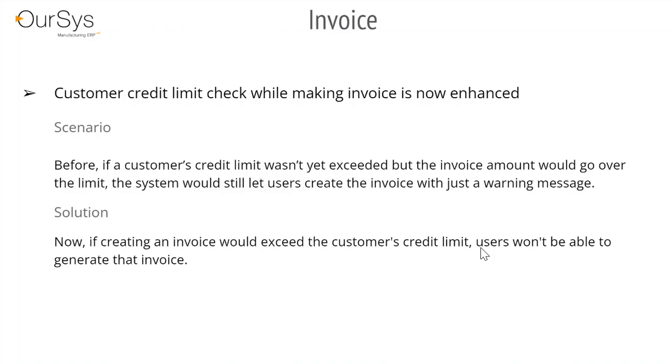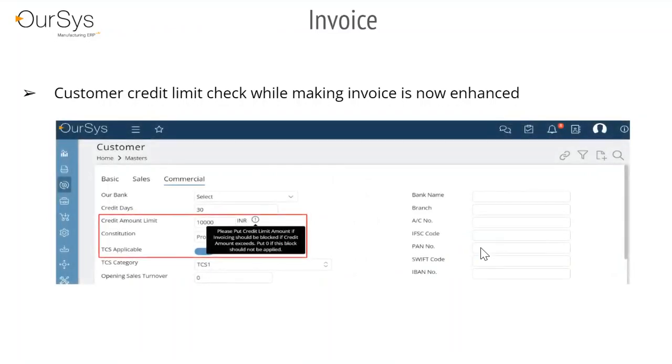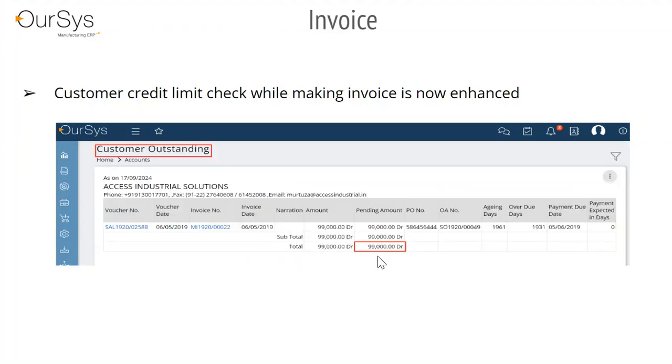So under the customer master, we have provision to define the credit limit over here. As you can see, I have defined a credit limit for a customer of 1 lakh rupees. Now, as I check the customer outstanding, it is showing me that 99,000 is the total outstanding for the particular customer.